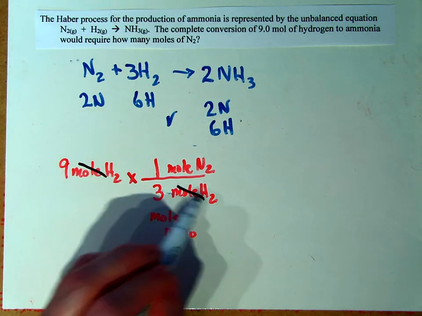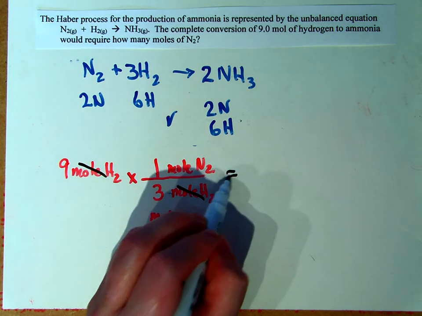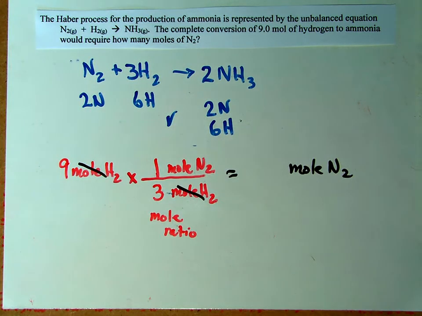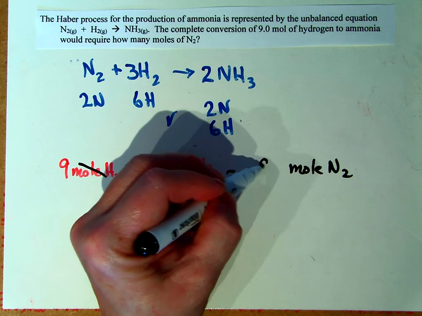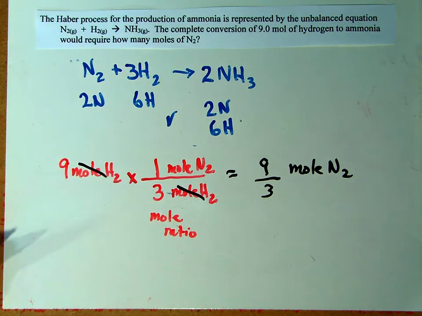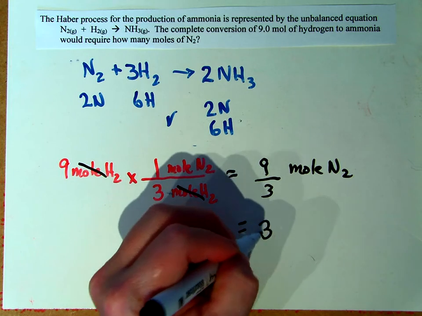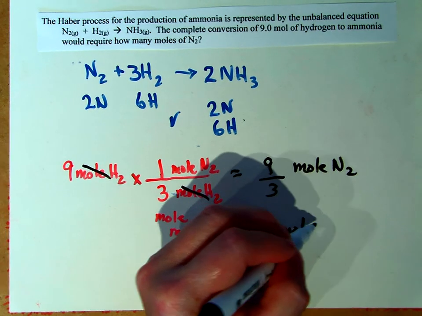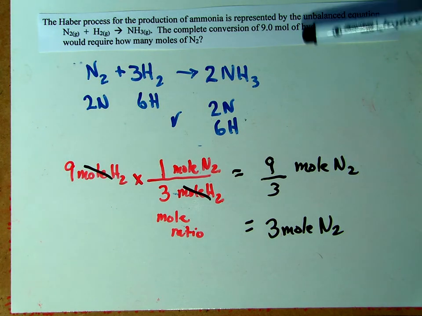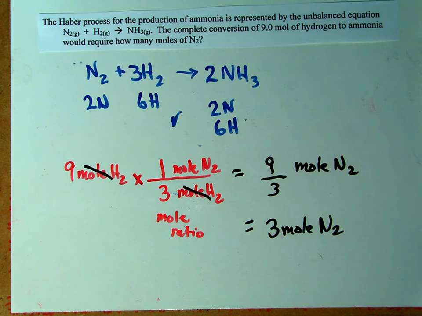So moles of hydrogen will cancel out. So what we're left with is moles of nitrogen, which is what we want. And we have 9 times 1 is 9 over 3, because 3 is in the denominator. So our answer is 3 moles of nitrogen. So 3 moles of nitrogen would be required to completely convert 9 moles of hydrogen to ammonia.